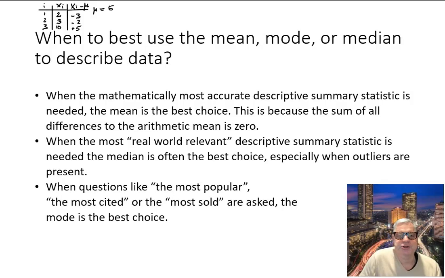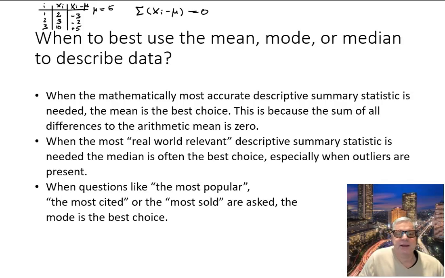So in other words, we can write that the sum of all the observations minus the mean is always equal to 0. And that is what makes the mean the mathematically most accurate measure of central tendency.